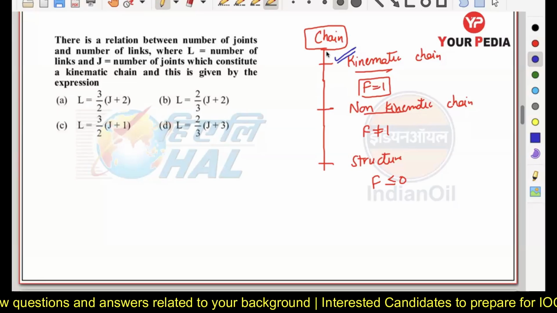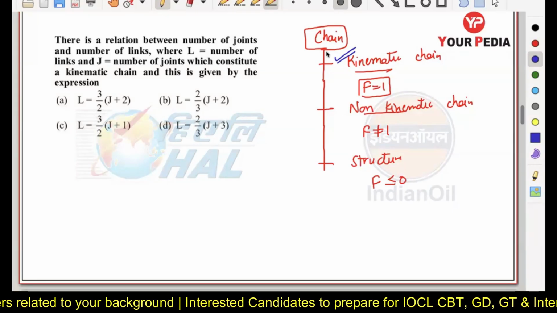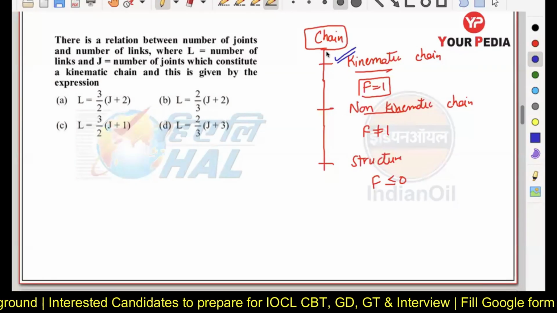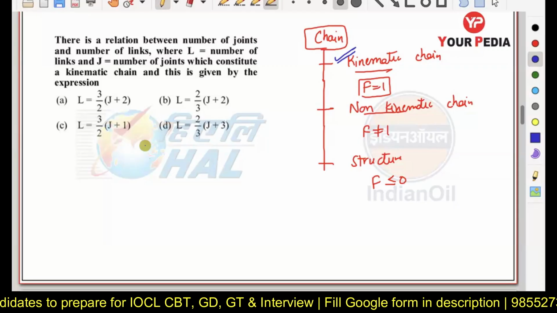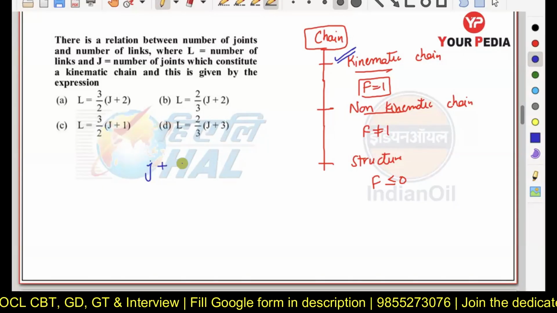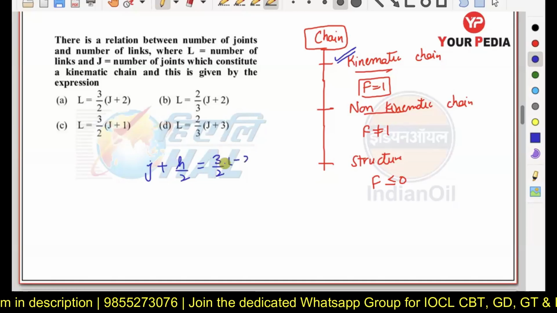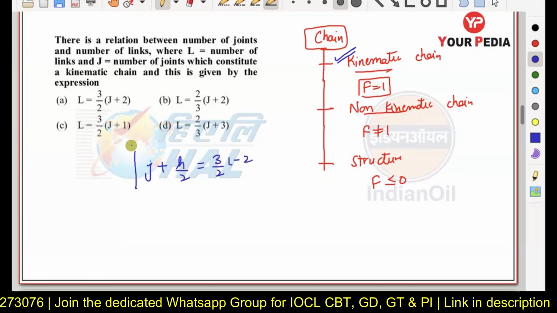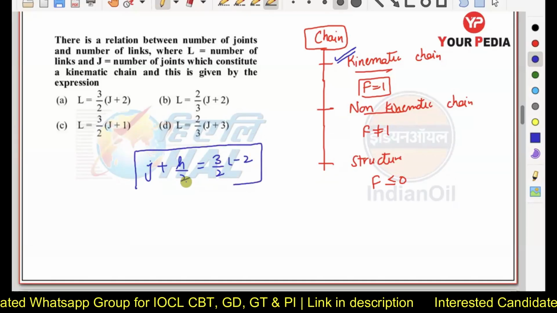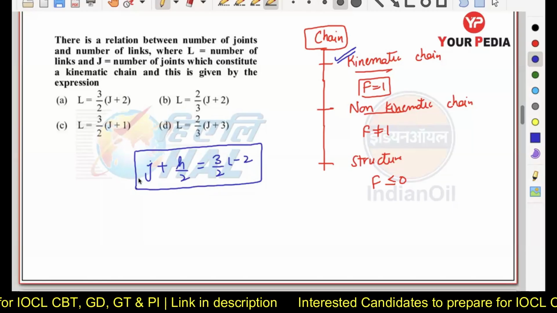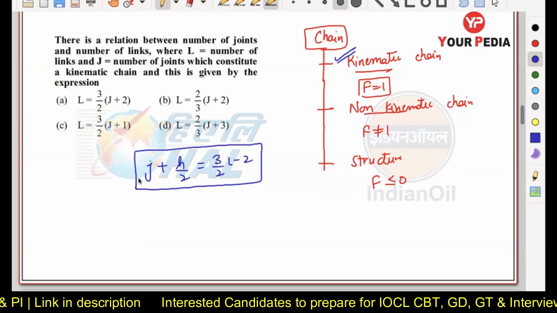There are a number of ways to find out whether the chain is a kinematic, non-kinematic, or structure chain. Here we have one relation, which is written as J plus H by 2 equal to 3 by 2 L minus 2. This equation is also used to find out whether the chain is a kinematic, non-kinematic, or a structure.